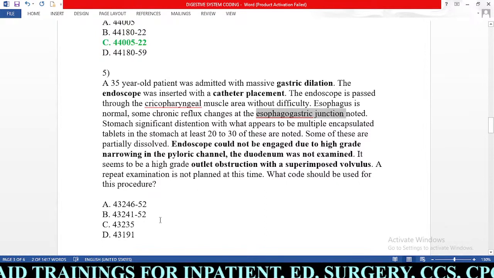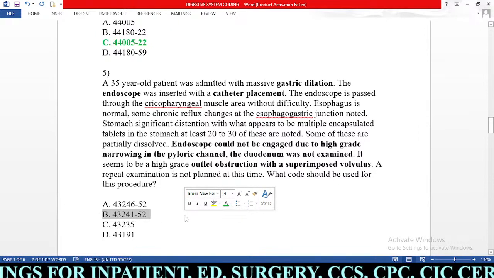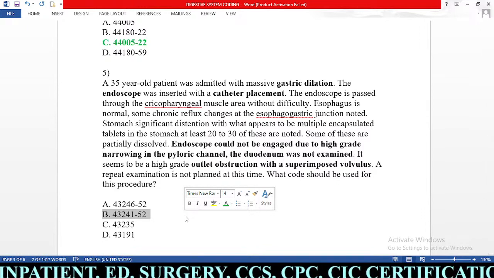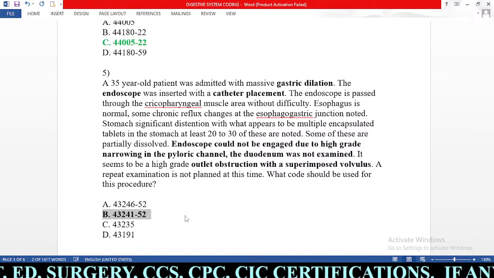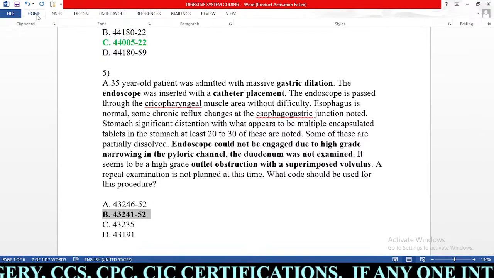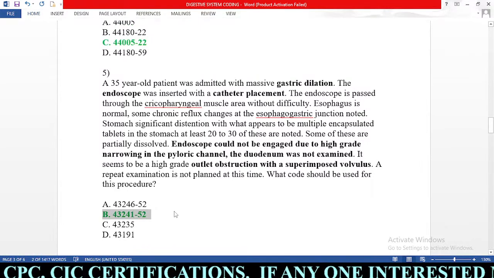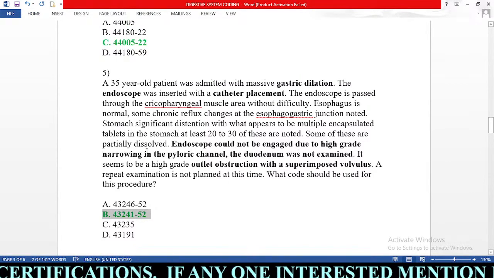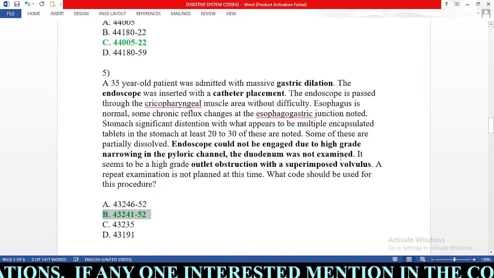So we are left with 43241, with 52 as the physician has not gone until the complete duodenum. The physician has stopped at some place. So we need CPT guidelines. We need to code 52 modifier, reduced service, if the physician did not perform the procedure completely. See here, the endoscope could not be engaged due to high-grade narrowing in the pyloric channel. So the duodenum was not examined.